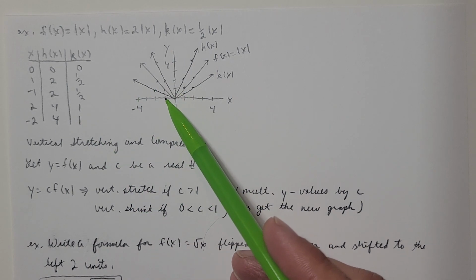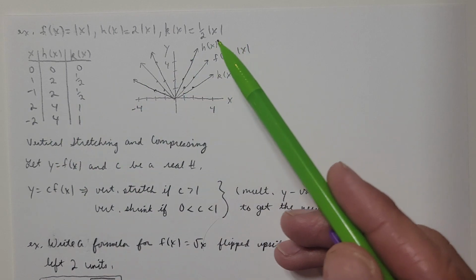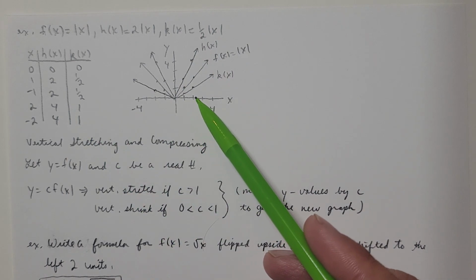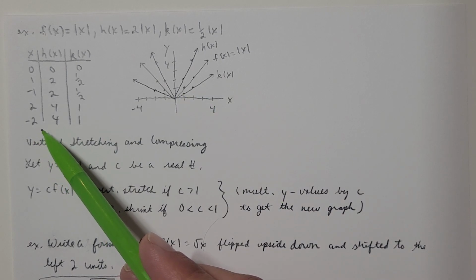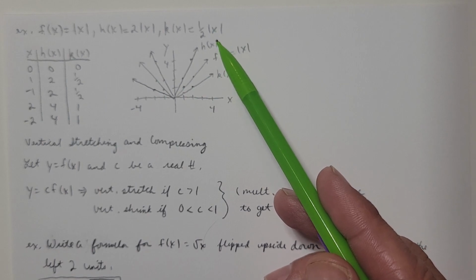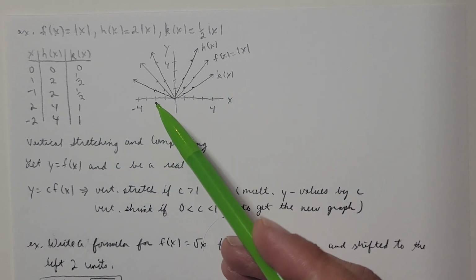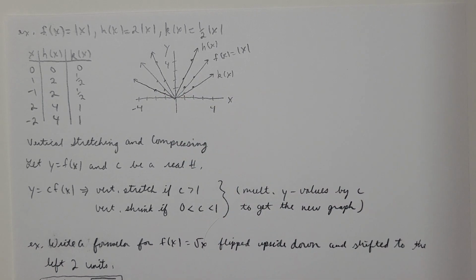So there's the point -1, 1/2. If x is 2, 1/2 times 2 is 1. So here's the point 2, 1 on the graph. And if I let x be -2, the absolute value of -2 is 2, times 1/2 is 1. Okay, so there's the point -2, 1 on the graph.